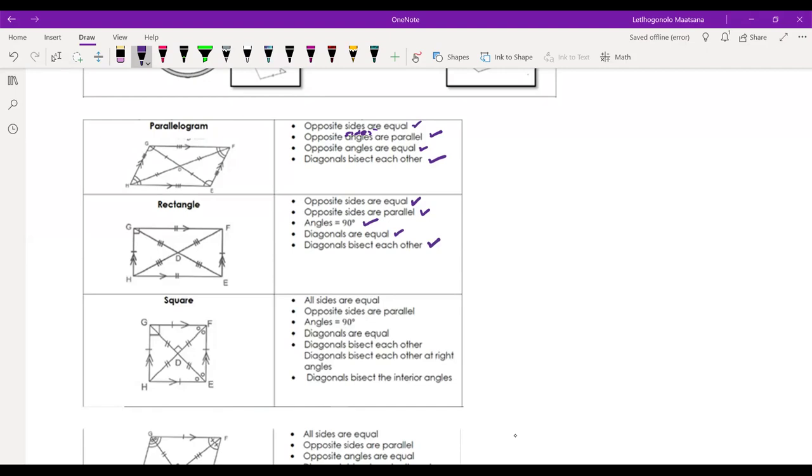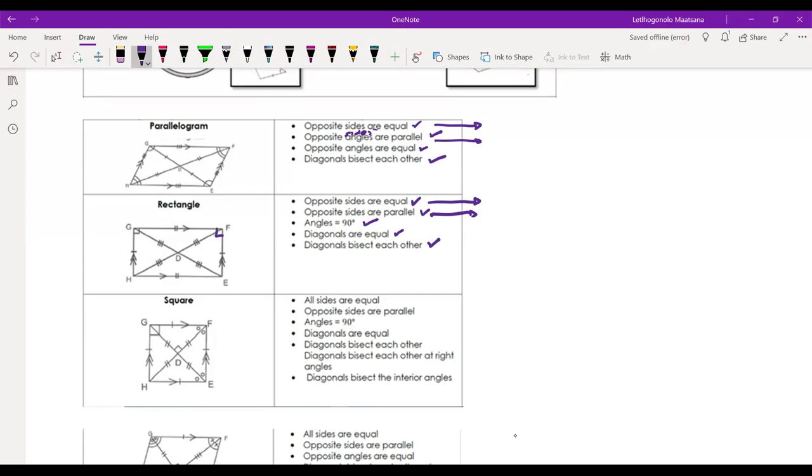We will see here that some of the properties of the parallelogram can be seen in the rectangle, such as opposite sides are equal, opposite sides are parallel, and here all the angles are 90 degrees.